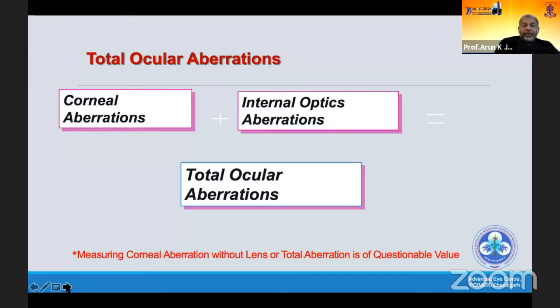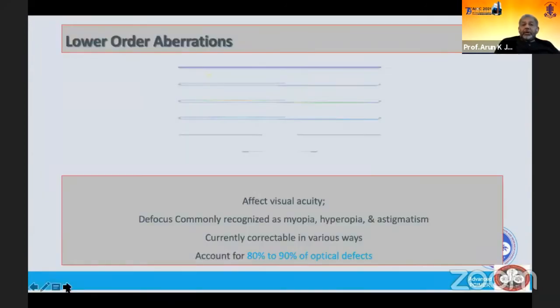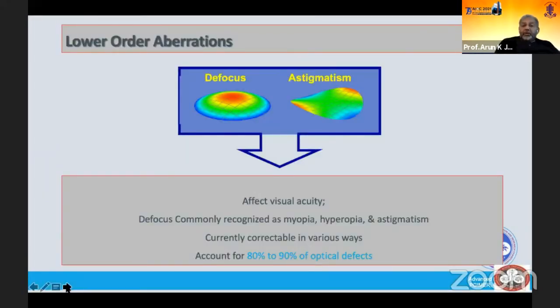Aberration can be described quantitatively using Zernike polynomials, and higher order aberration accounts for around 15 to 20% of total ocular aberration. The clinically relevant aberrations are coma and spherical aberration. The lower order aberrations are defocus and astigmatism, in the form of myopia, hyperopia, or astigmatism.